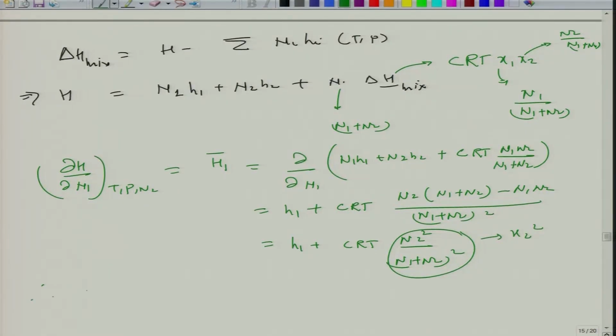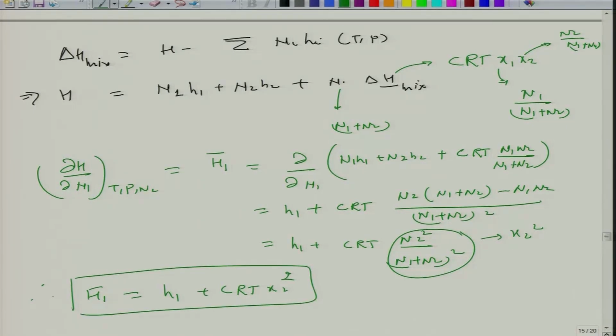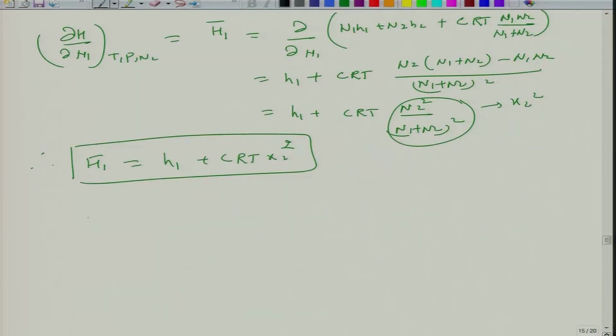So, therefore, H1 bar is H1 plus CRT x2 square. Similarly, you can show that H2 bar is nothing but H2 plus CRT x1 square.